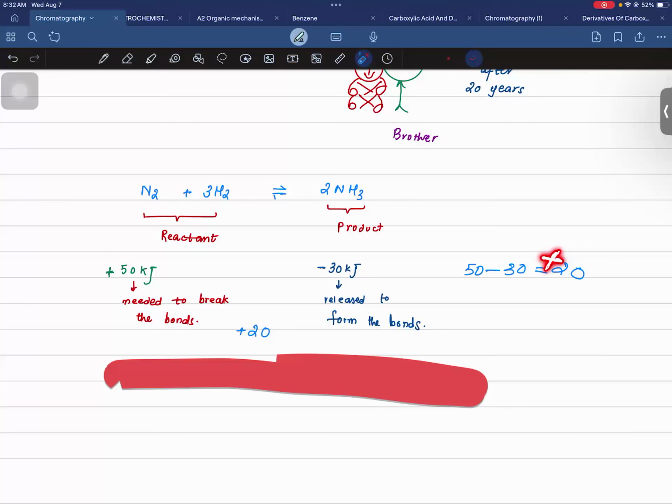The overall answer is positive, which shows that the reaction is endothermic.